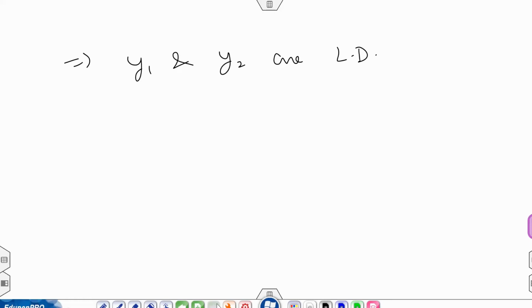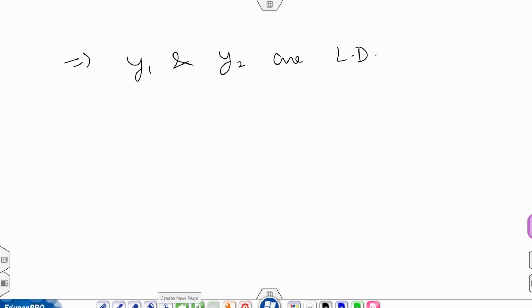So you have got only one function. You have to find another function which is linearly independent, then you can write out the general solution for the homogeneous differential equation. Now I'll talk a little bit about the non-homogeneous differential equation, but in this lecture we will concentrate only on the homogeneous differential equation.